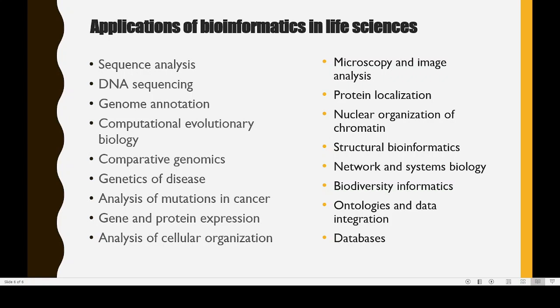Then similarly, a lot of things are there. For example, studying the evolutionary biology, how similar two organisms are in terms of evolution, how much genetic similarity is between them. Then we can study the genetics of disease.